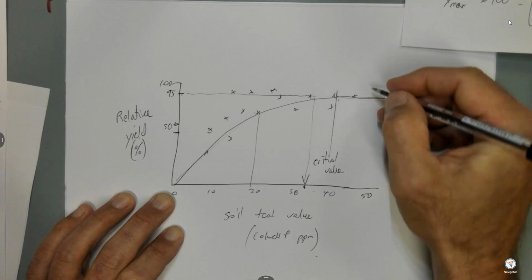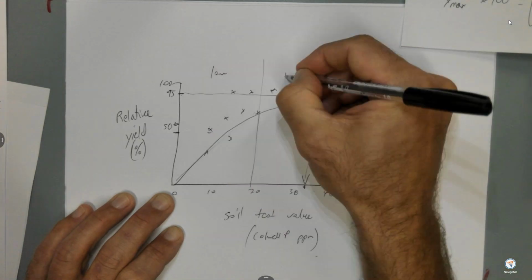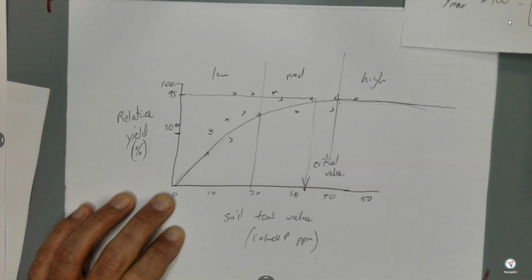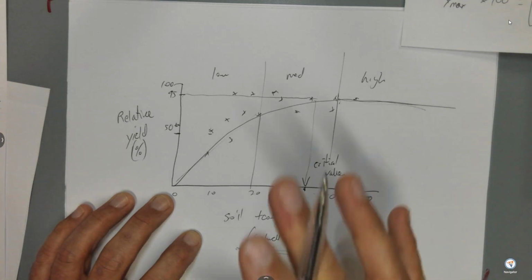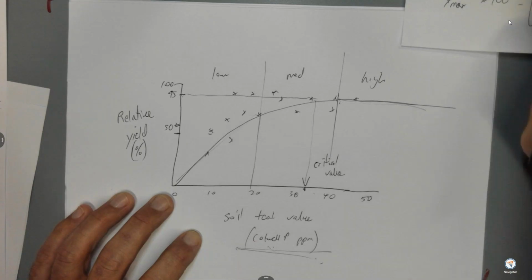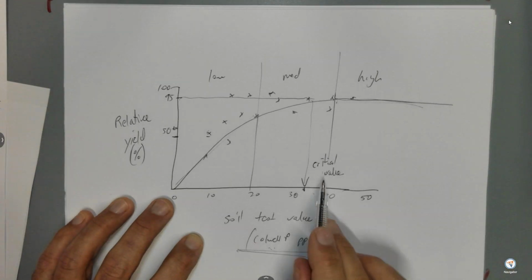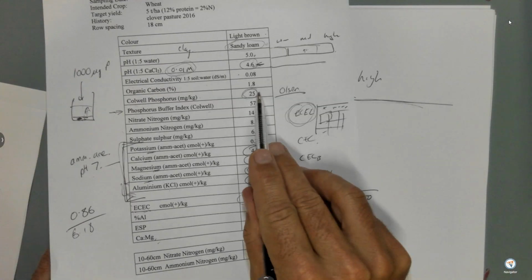So here's our low, medium, and high that you often see on the traffic light system. This is for Colwell P, but you can have it for anything that you measure. So fundamentally, that's the process, the concept that goes into creating the critical value, so that when you get a number on a soil test, you have an idea of whether it is good, bad, or otherwise.